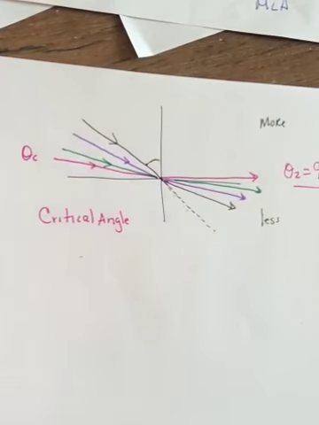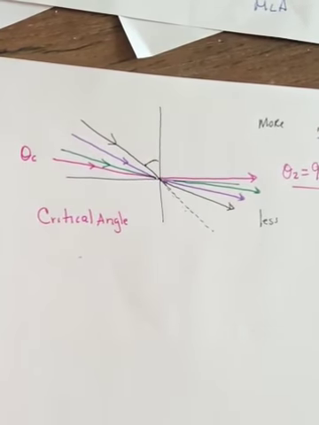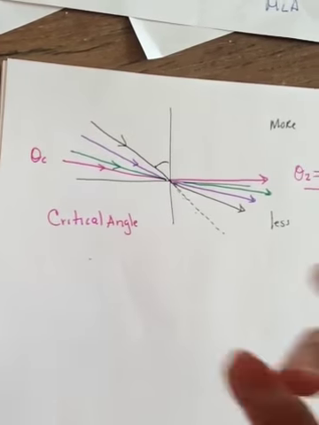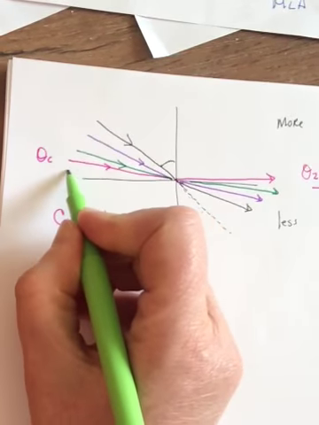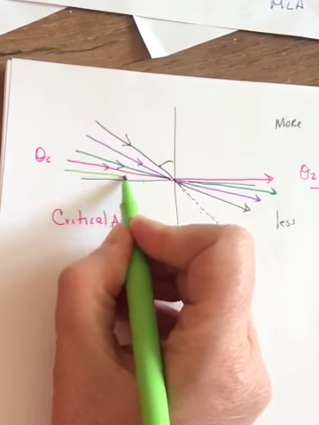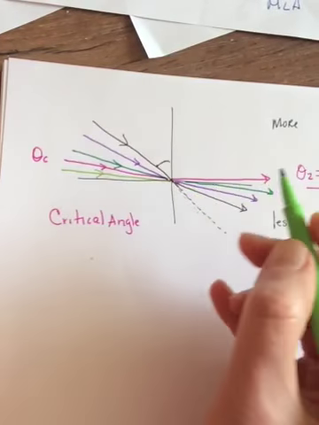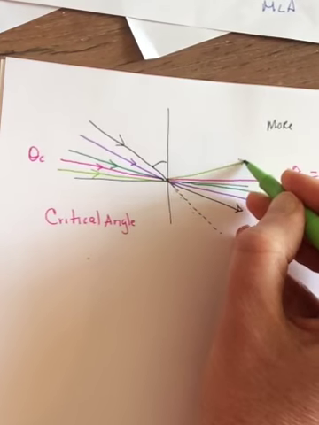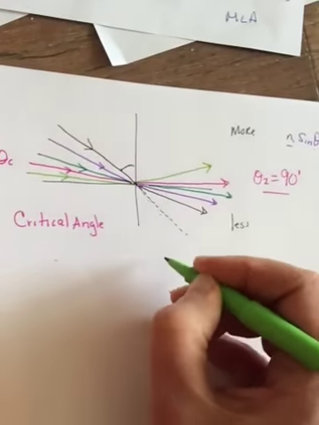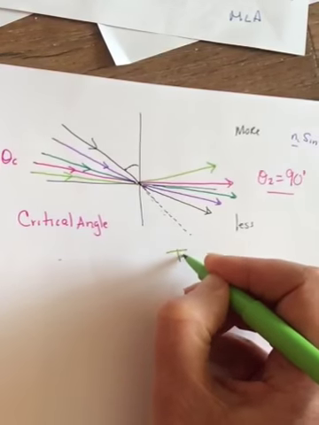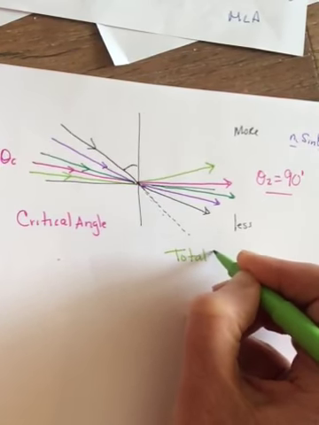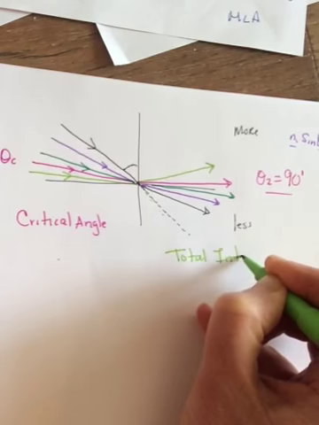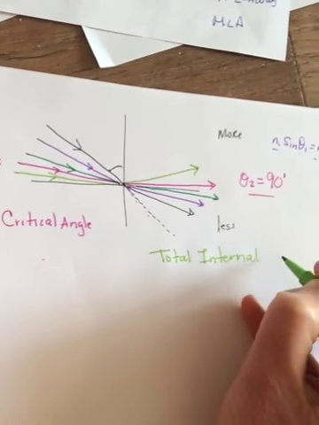I just want to do one more step since I'm on this diagram and have all these colors. What if I make my angle even bigger than the critical angle? What will happen now? The ray will come back into the original medium. It's something that's called total internal reflection.